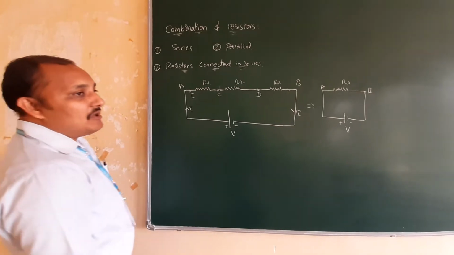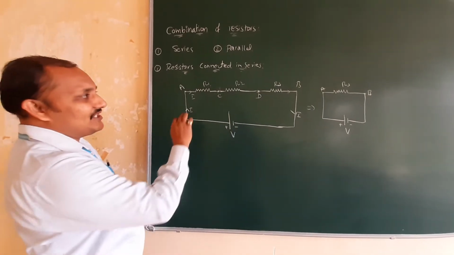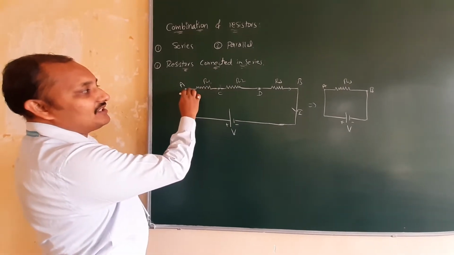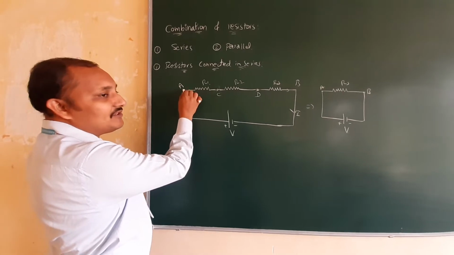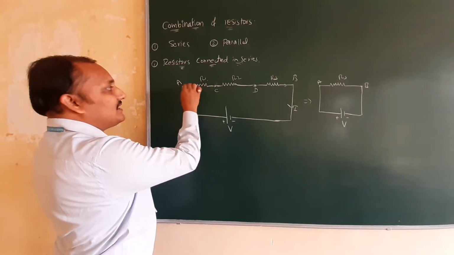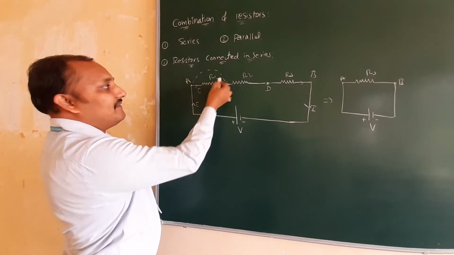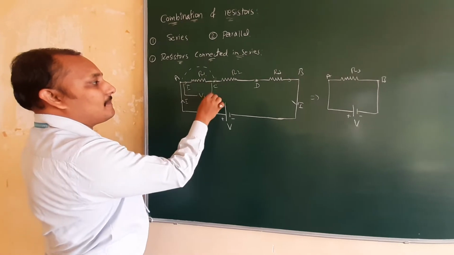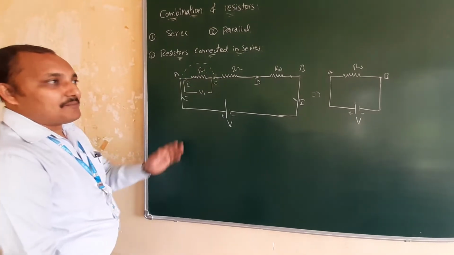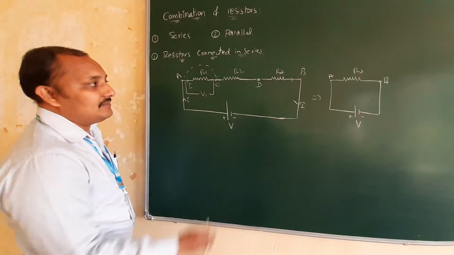Now what is the potential across R1, R2, R3? Potential difference means the amount of work done to bring a charge from one point to another. Here current is flowing, meaning some charge is flowing from A to C. The work done to move a charge from A to C is the potential difference V1.